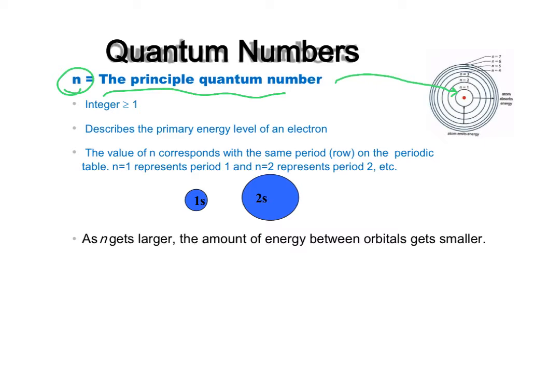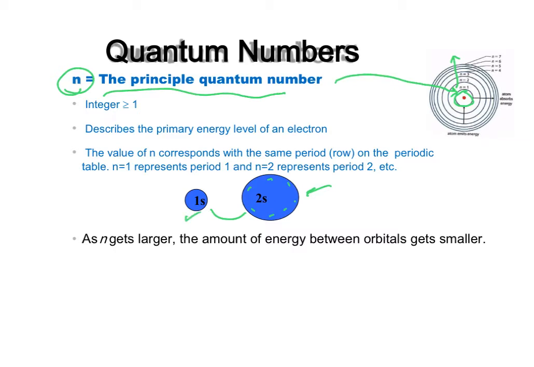N equals 1 is the energy level closest to the nucleus, and n increases as you get farther and farther away from the nucleus. So if we compare a 1s orbital to a 2s orbital, the electrons in a 2s orbital are likely to be farther away from the nucleus and of higher energy than electrons in a 1s orbital.